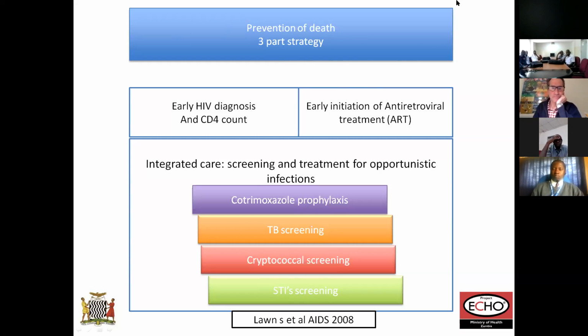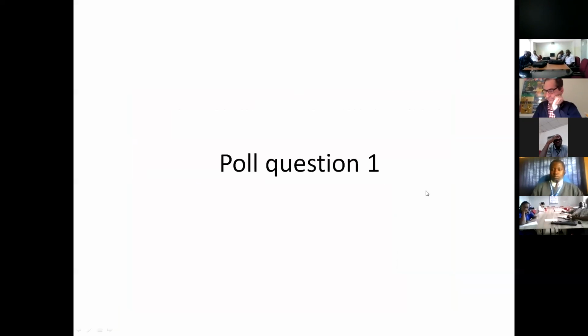The second 90 is early initiation of antiretroviral treatment. And the third, which has to do with suppression, also has to do with the prevention of opportunistic infections, morbidity and mortality. So it basically involves screening and prevention of selected OIs. So let's see how we are going to do with the four questions.